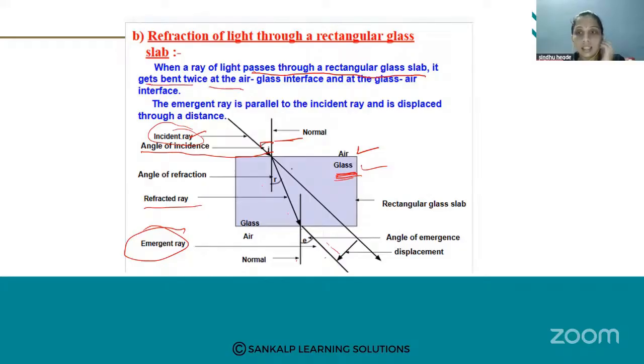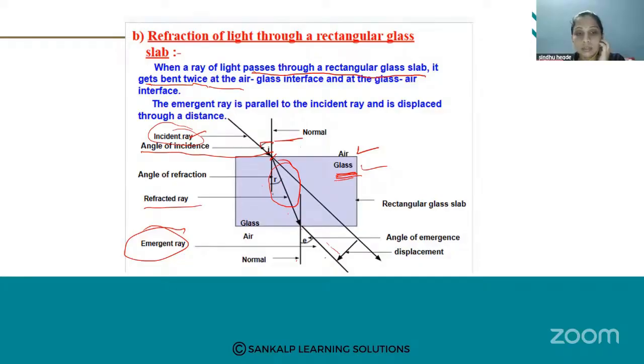twice. See, a question comes, right students, it says twice. For us, it appears to bend only one time here. See, when incident from air medium to glass, what happens? It gets refracted through this glass medium.